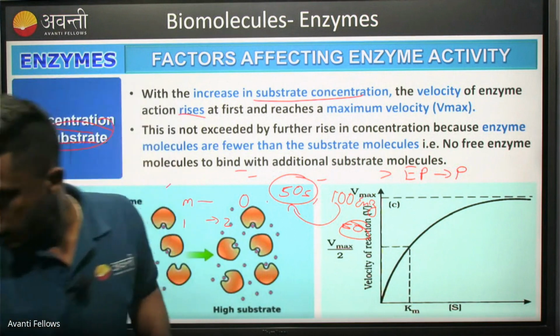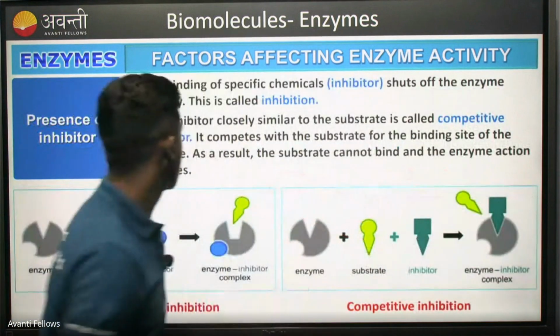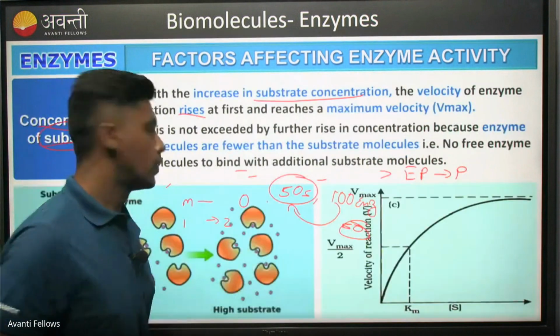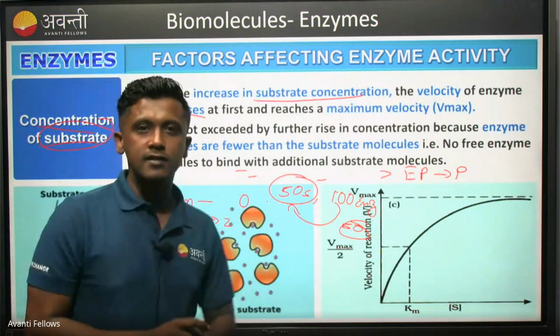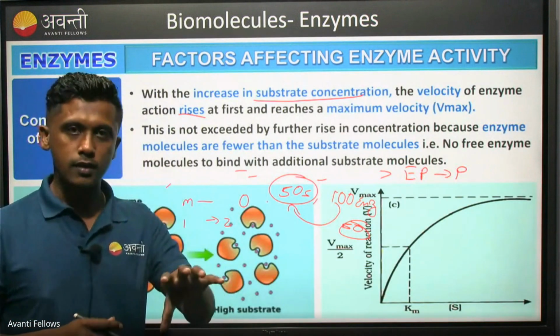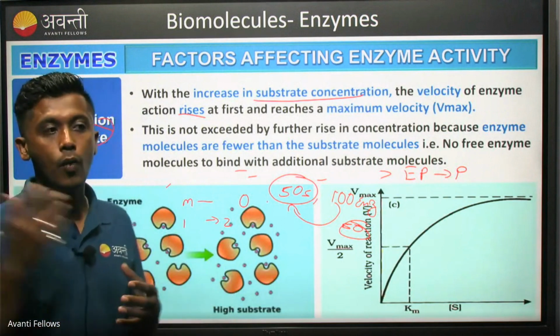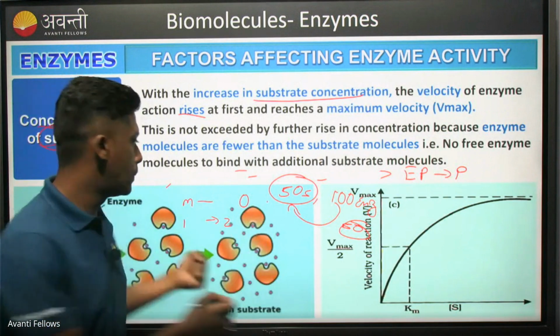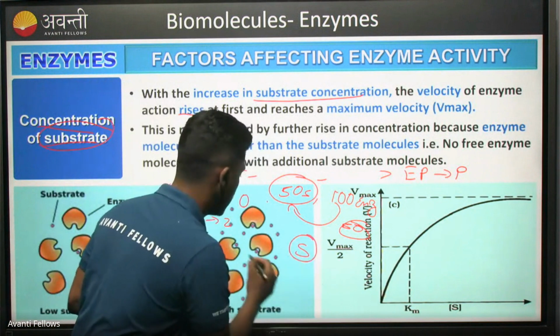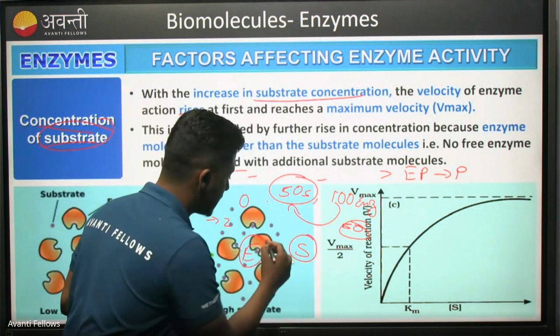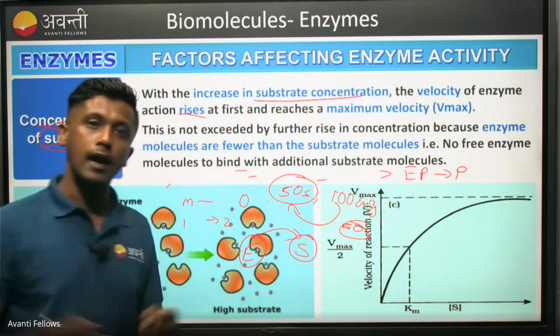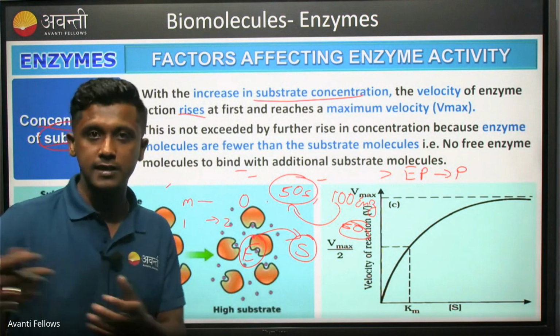Now, another factor with respect to the enzyme is the affinity. For every enzyme there is a substrate, and the enzyme has to recognize this substrate and act on it as fast as possible.